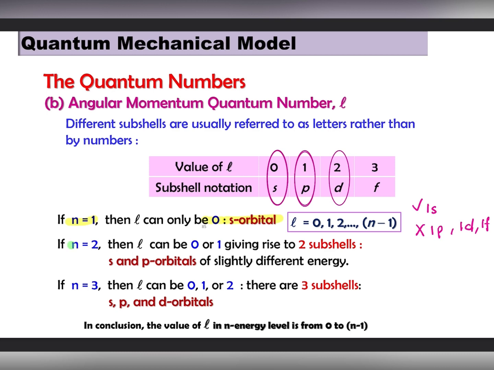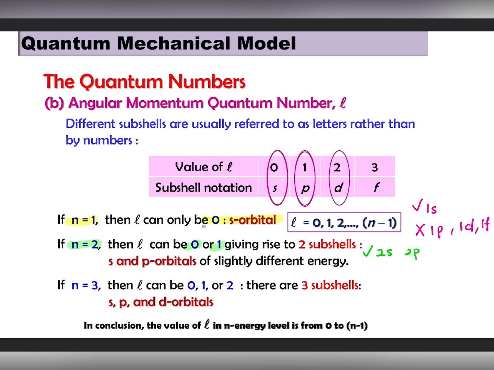Okay, so if N equals 2, value of L can be 0 or 1. So means here it can give rise to 2 subshells. Maksudnya if you have N equals 2, N tu adalah energy level kan, so kita tulis 2. So dia boleh ada 2s orbital, 2p orbital.